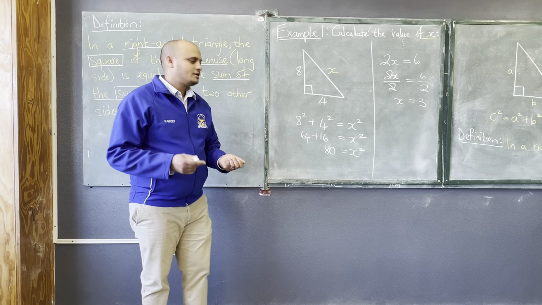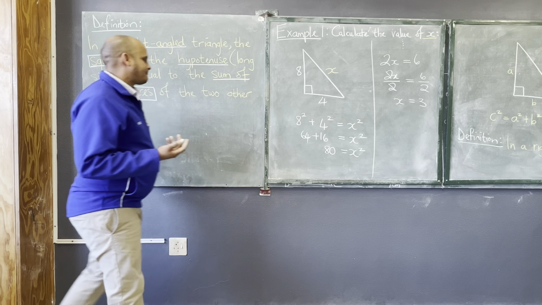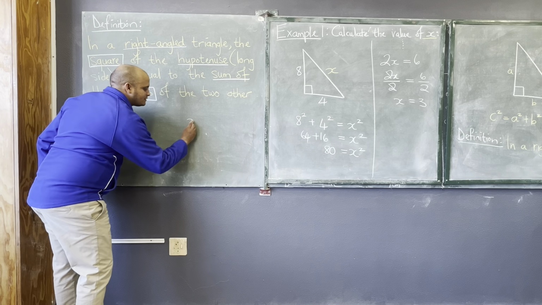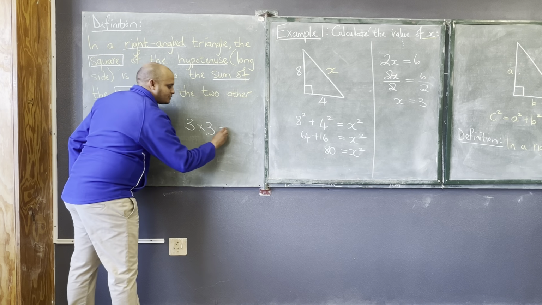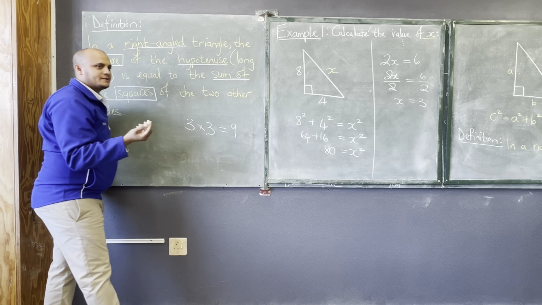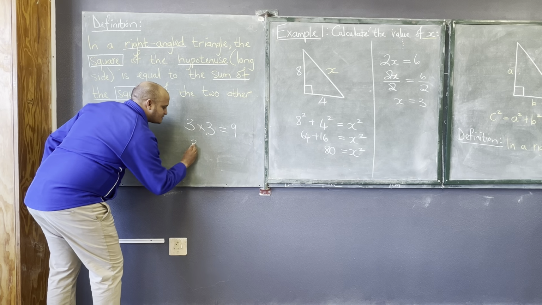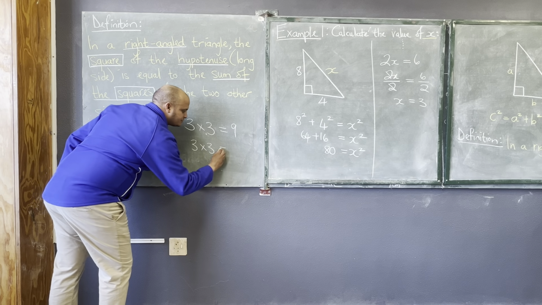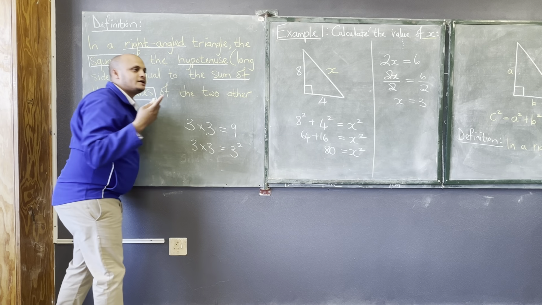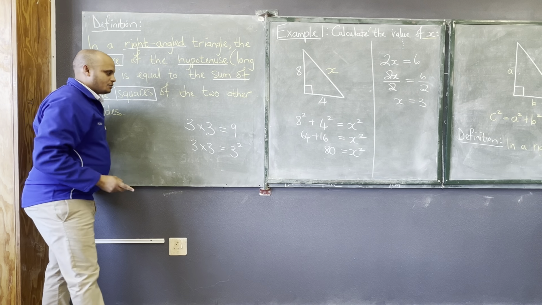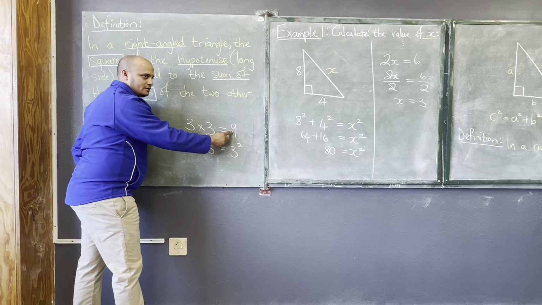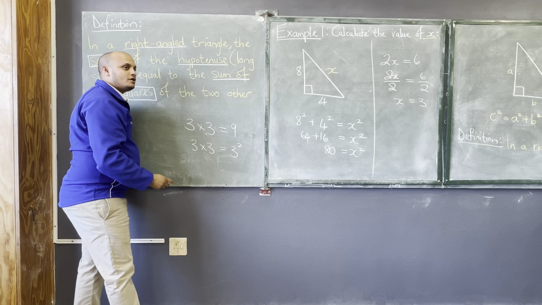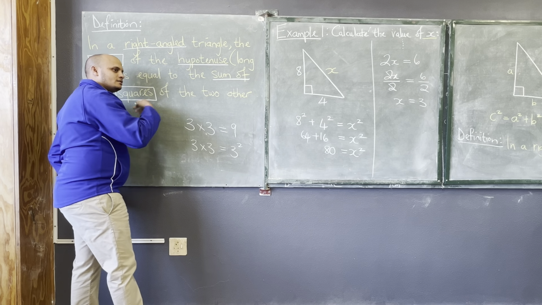If I have 3 multiplied by 3, I get an answer of 9. It's the same as saying 3 multiplied by 3 is equal to 3 to the power of 2, or 3 squared. We know that the square of 3 is 9 and the square root of 9 is 3.